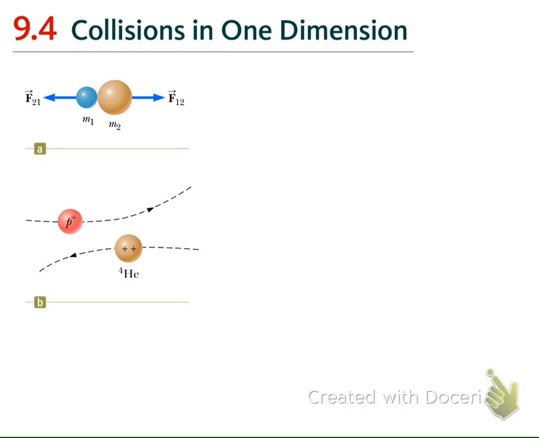One of the most important applications of the idea of linear momentum is the problem of collisions. A collision happens when two objects move close to each other and we have contact, or maybe not contact, but an interaction force between these two objects.